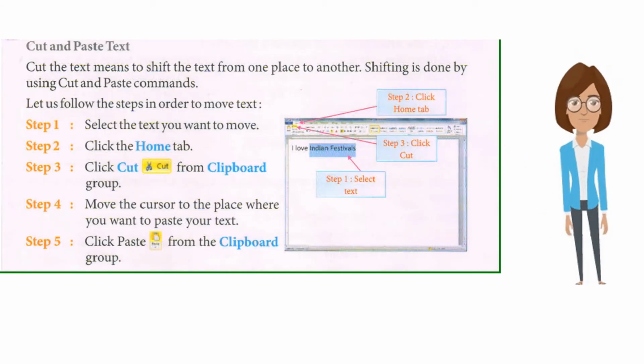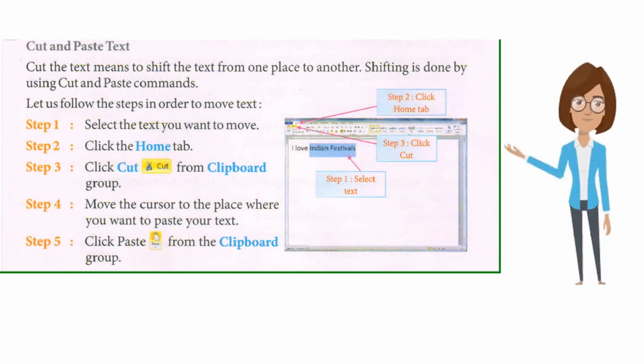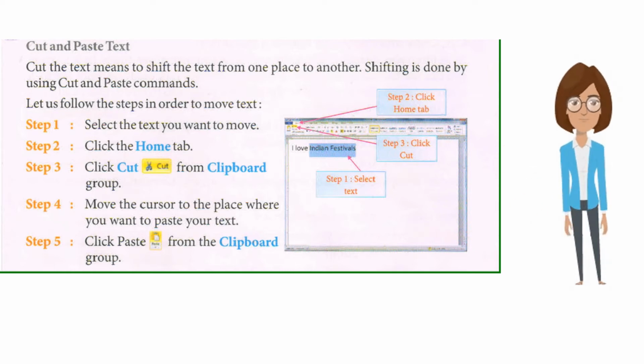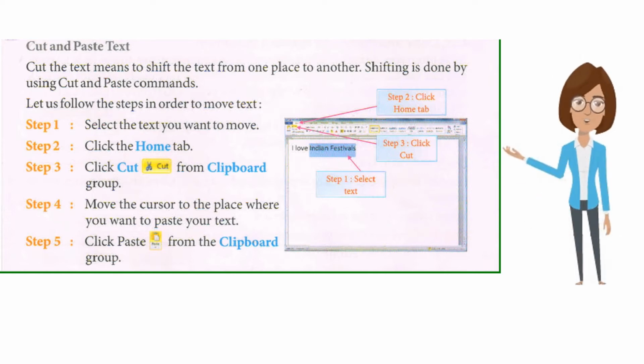Cut and paste text. Cut the text means to shift the text from one place to another. Shifting is done by using cut and paste commands. Let us follow the steps in order to move text. Step 1. Select the text you want to move.